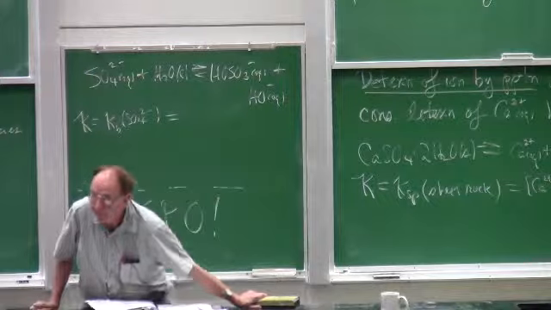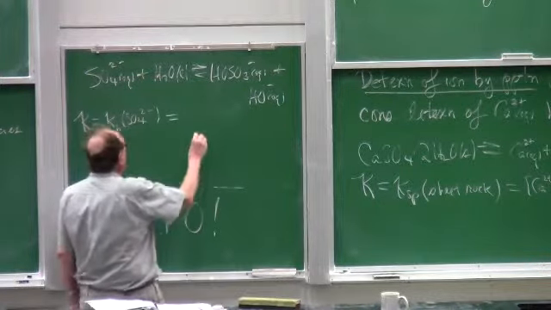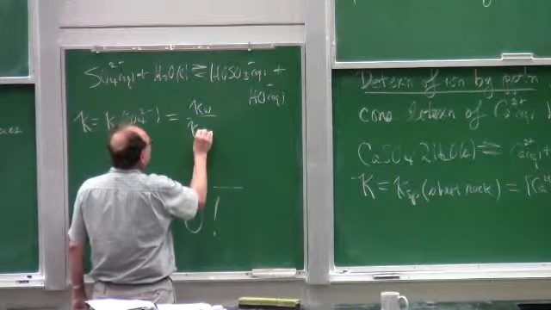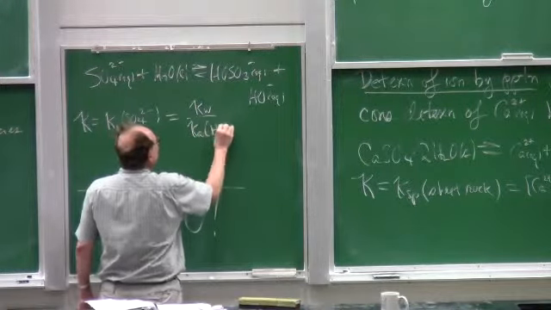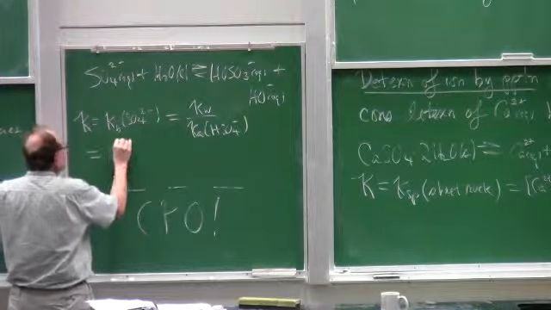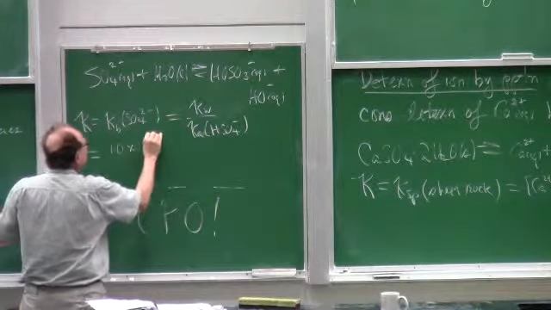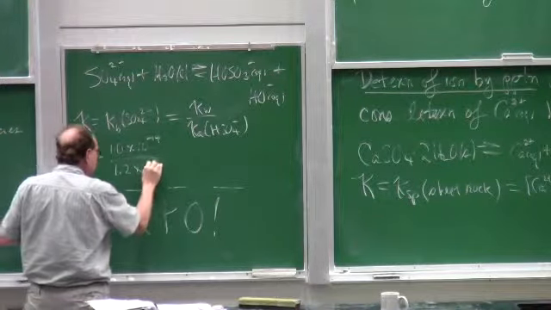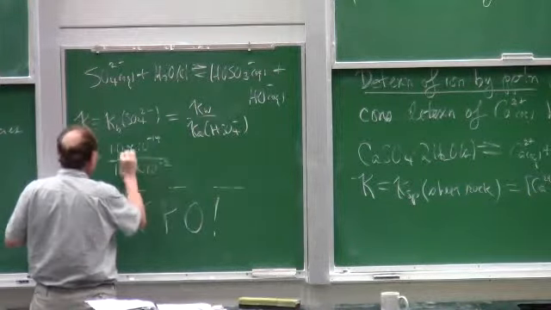Yeah. We look up Kw. I mean, pardon me, you don't look it up. We know what it is. Kw over Ka for hydrogen sulfate ion, I'll write the condensed formula, is 1.0 times 10 to the minus 14 divided by 1.2 times 10 to the minus 2.